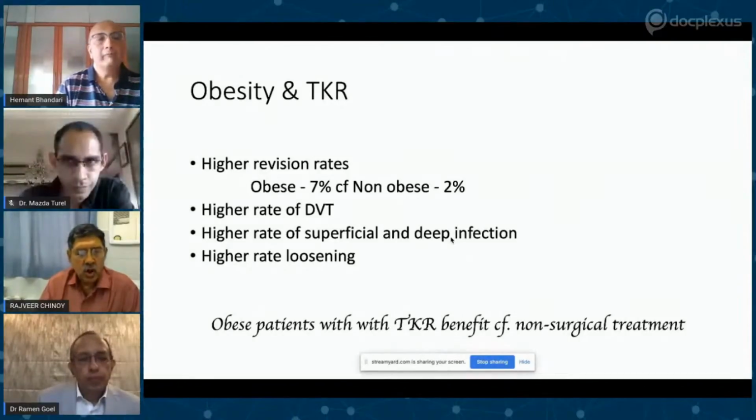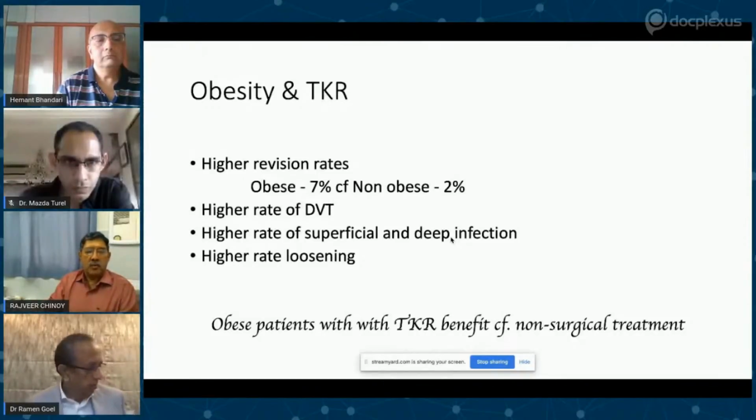And that is not possible in the morbidly obese, because there's a huge increase in the number of complications. Mazda also spoke about the same thing: soft tissue healing, wound infection, delay in wound healing, and poor mobilizing, with other problems like DVT and cardiovascular complications.